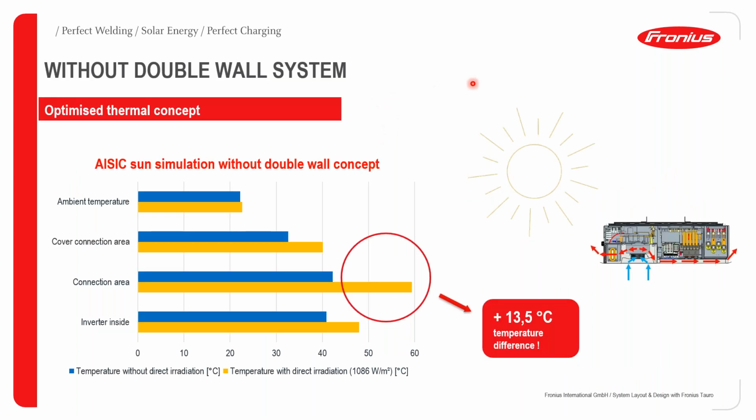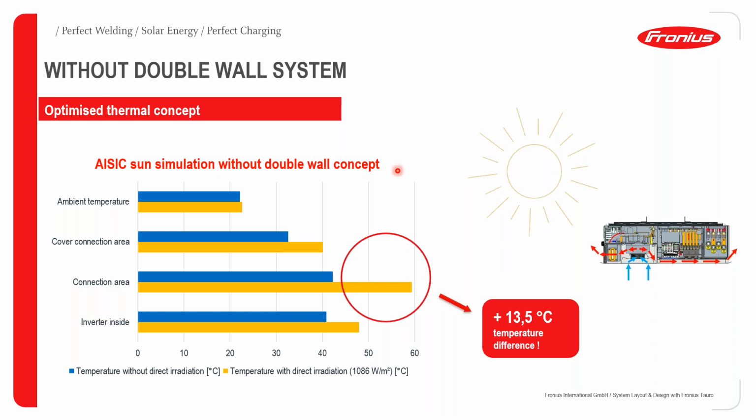So here we look at a comparison between the operation of an inverter that was done using a simulation without the double wall concept, just to show you what a difference the double wall concept makes.